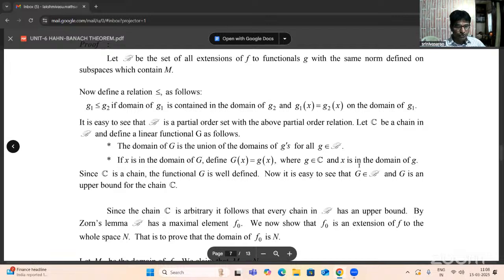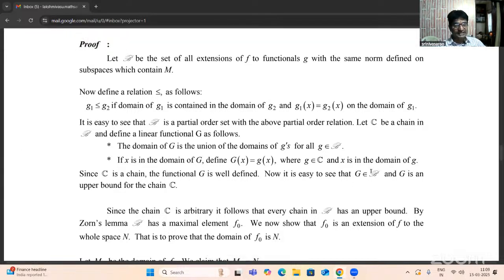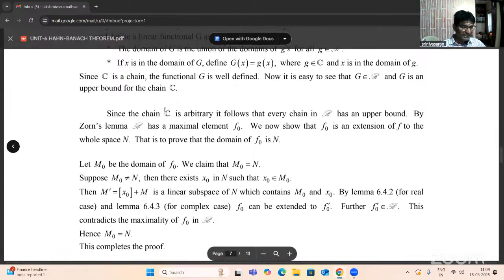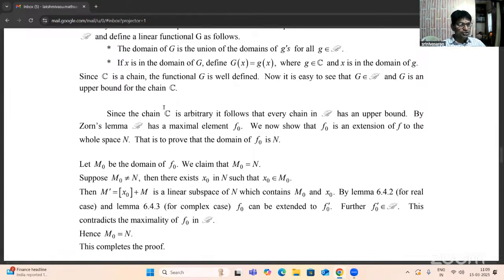Now, we have to see that G belongs to script B, the set of extension functionals. So capital G is an upper bound for the chain capital C. Suppose C is an arbitrary chain.